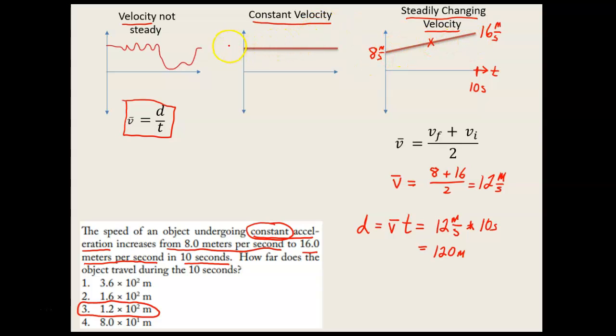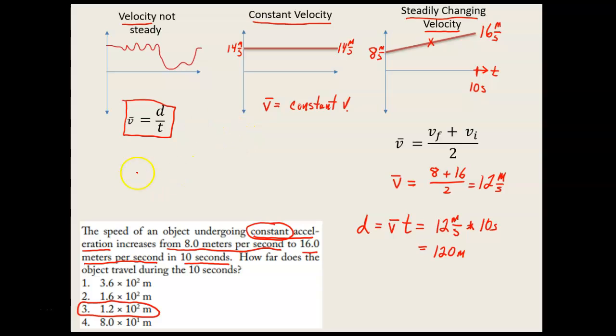If we said constant velocity of, let's say, 14. Well, if it's constant, it's 14 at the beginning, it's 14 at the end. And what's 14 plus 14 divided by 2? 14. So we know our average velocity is going to be equal to whatever our constant velocity is. Okay, so hopefully that helps.